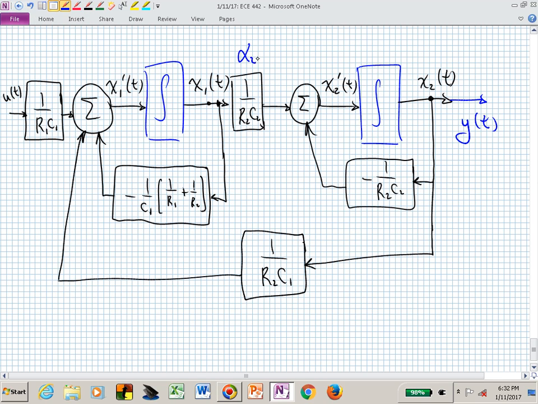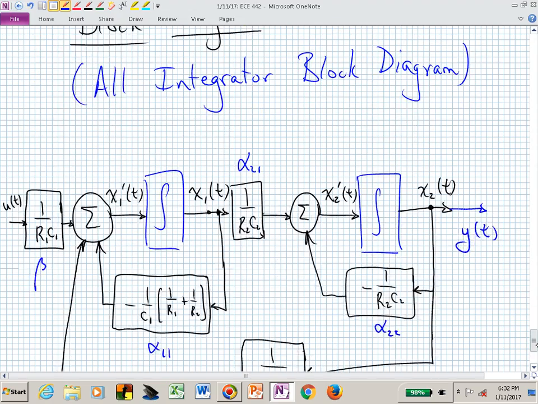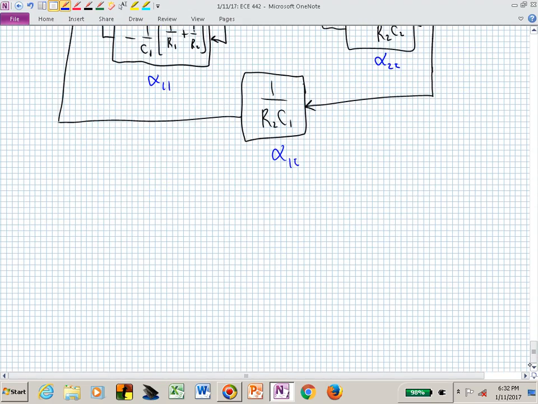What if I call this alpha 2-1, alpha 2-2, alpha 1-1, alpha 1-2, and this let me call beta. So that was in the time domain. What if we go into the frequency domain?